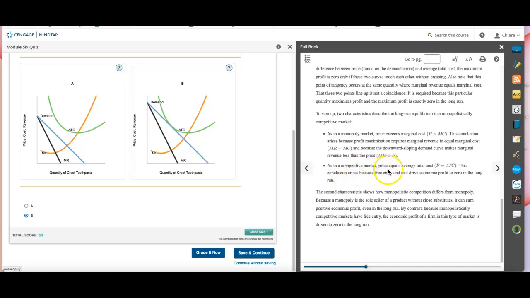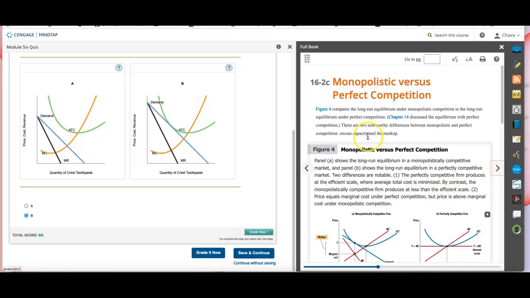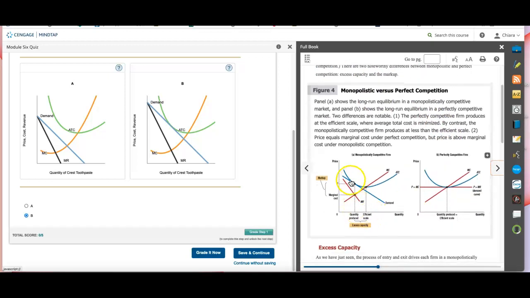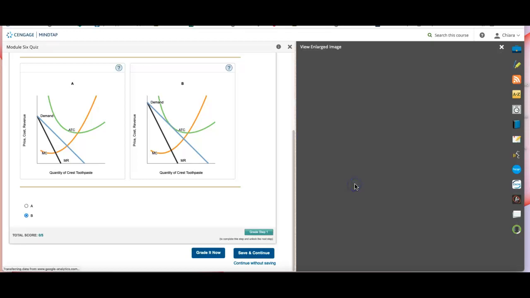As in a competitive market, the price equals average total cost, P equals ATC, and this is where this happens in B. You can see how average total cost is tangent to the demand. It compares monopolistically competitive firms to perfectly competitive firms. The perfectly competitive firm demand curve is horizontal versus the monopolistic competition downsloping demand curve. But this is the point for the long run equilibrium.